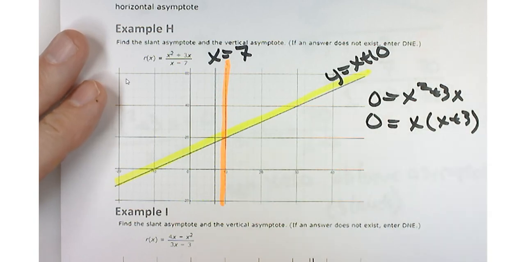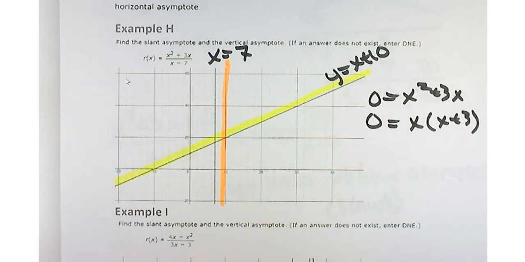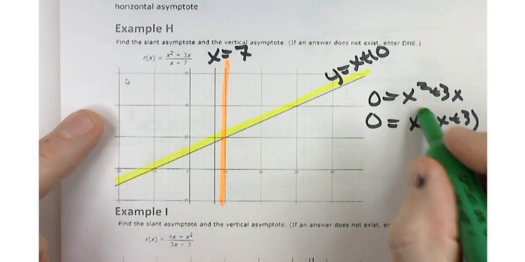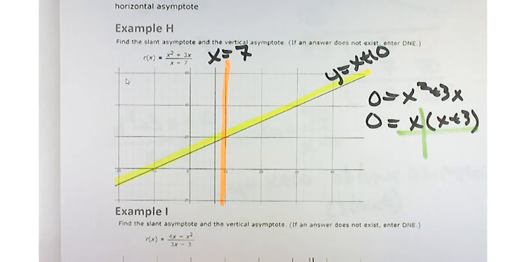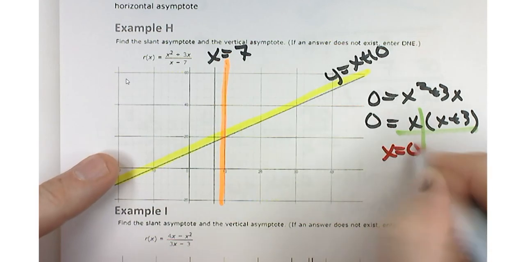You could, but pulling out the quadratic formula here is like squirrel hunting with a bazooka. I'd have to restrain myself from taking off more points because you're working so much harder than you have to. So you're going to get two places where this graph equals 0, at x equals 0 and at x equals -3.